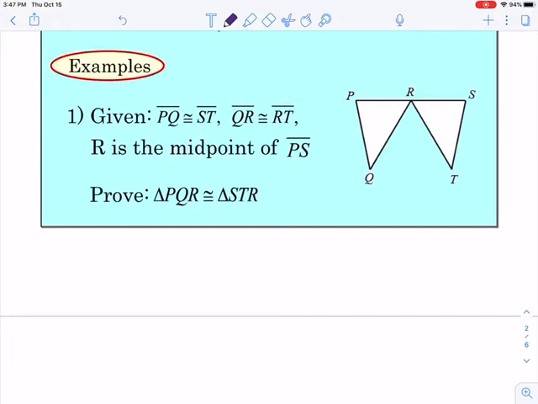Okay, so given that PQ is congruent to ST and that QR is congruent to RT and R is the midpoint of PS, we want to prove that triangle PQR is congruent to triangle STR. So again, I need to set up a statements and reasons here.